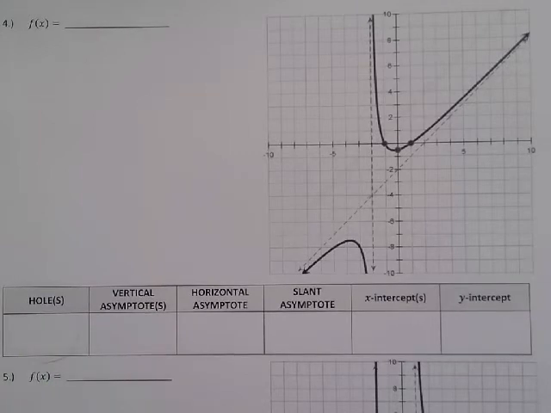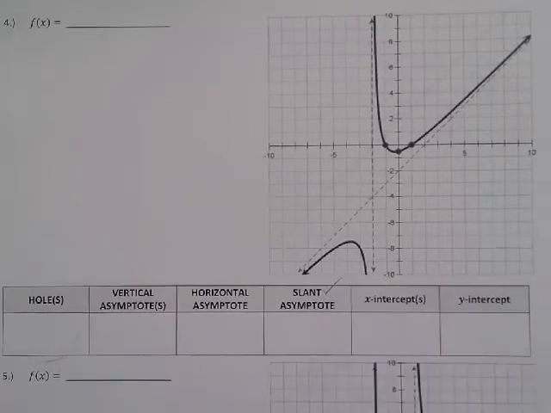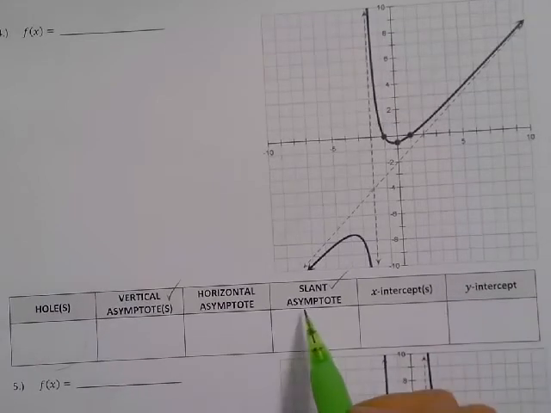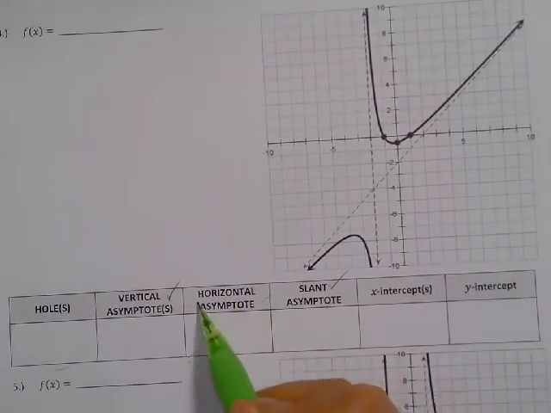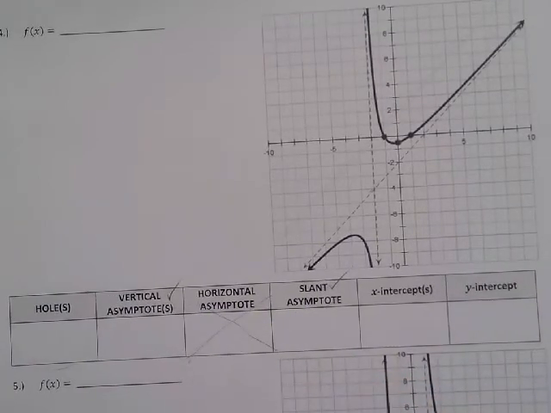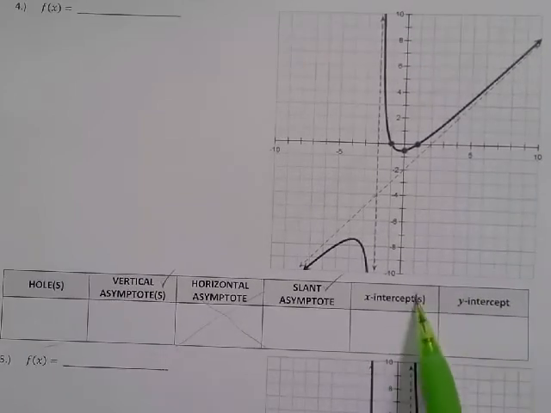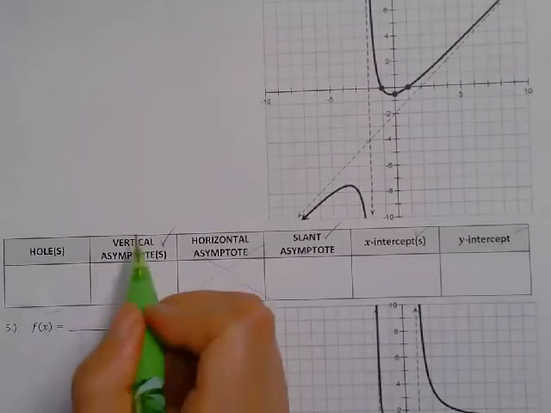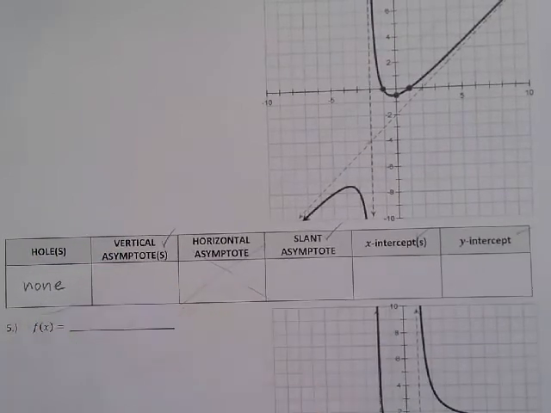Since I do have a slant asymptote, of course I don't have a horizontal asymptote. But I do have x-intercept and y-intercept, and no holes.